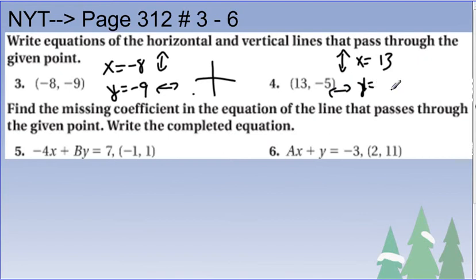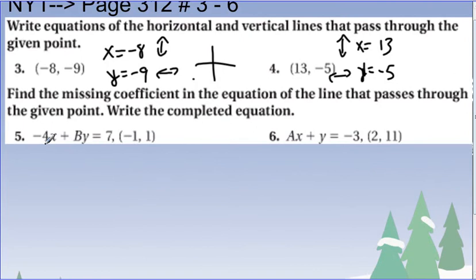Number 4, let's see, the vertical line, the x values are 13, the horizontal line, the y values are negative 5, for the same reasons we did there. Number 5, find the missing coefficient, so it gives us the same thing we just did a second ago. Negative 4, my x value, plus b times my y value equals 7.